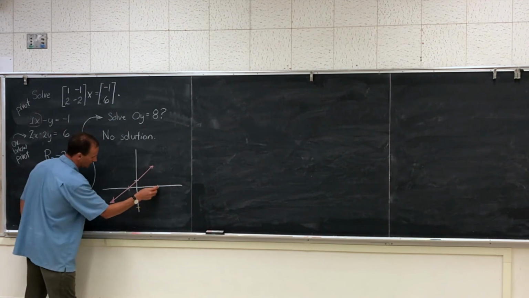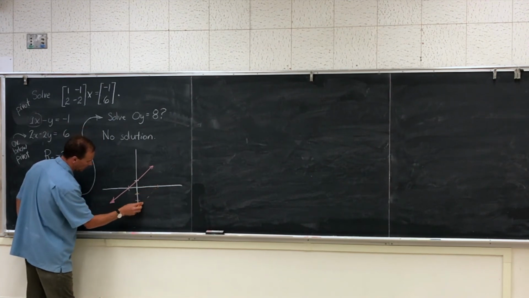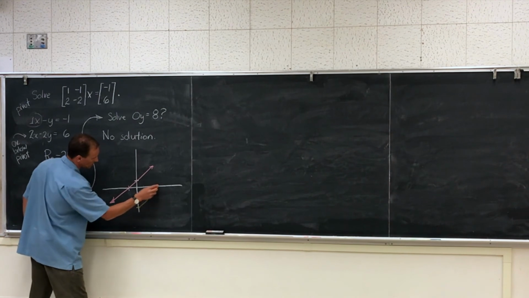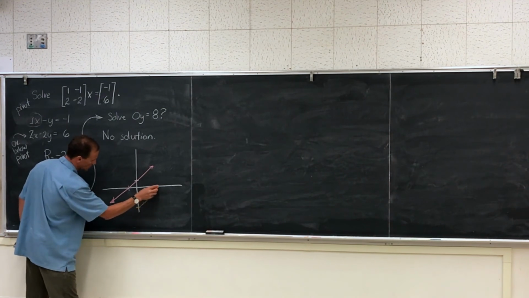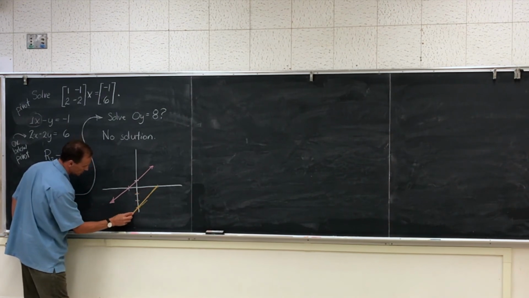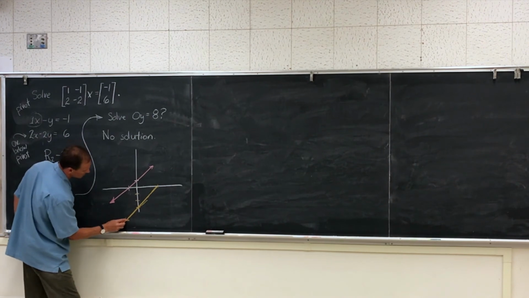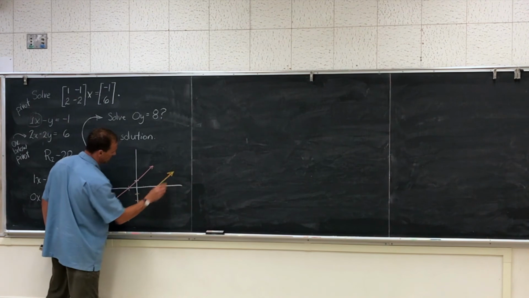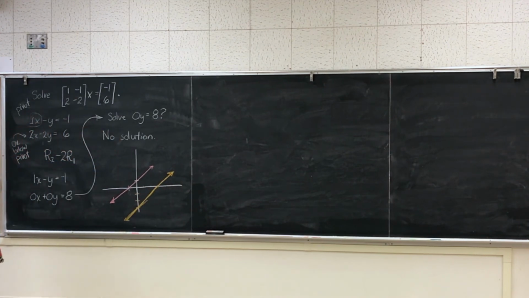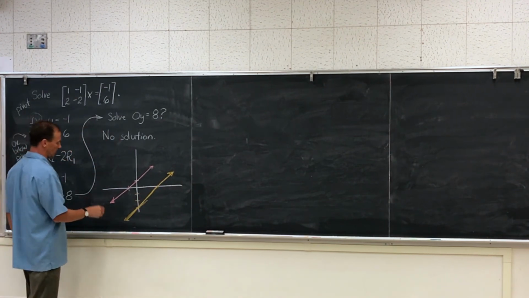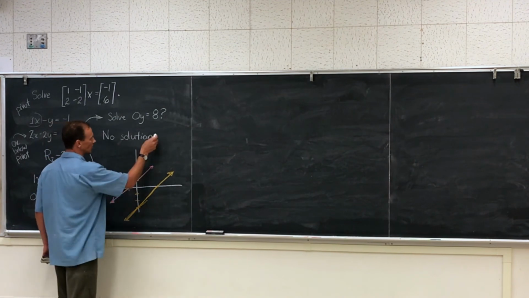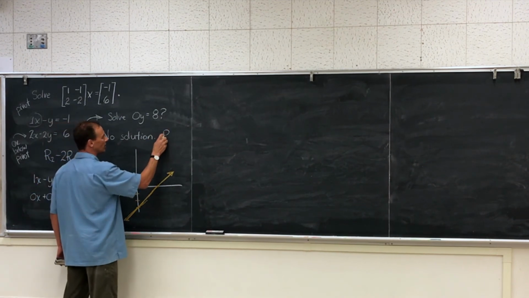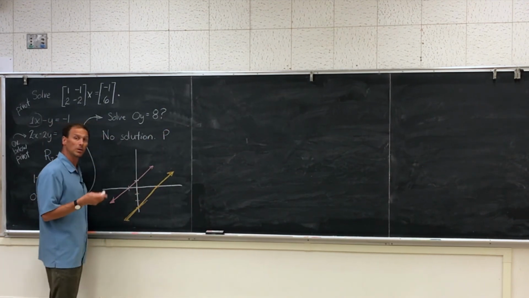So if I had done this right, I think my lines are a little off, but what do I have? I have no solution. What this means is we have parallel, in this case, lines, but they could be planes.